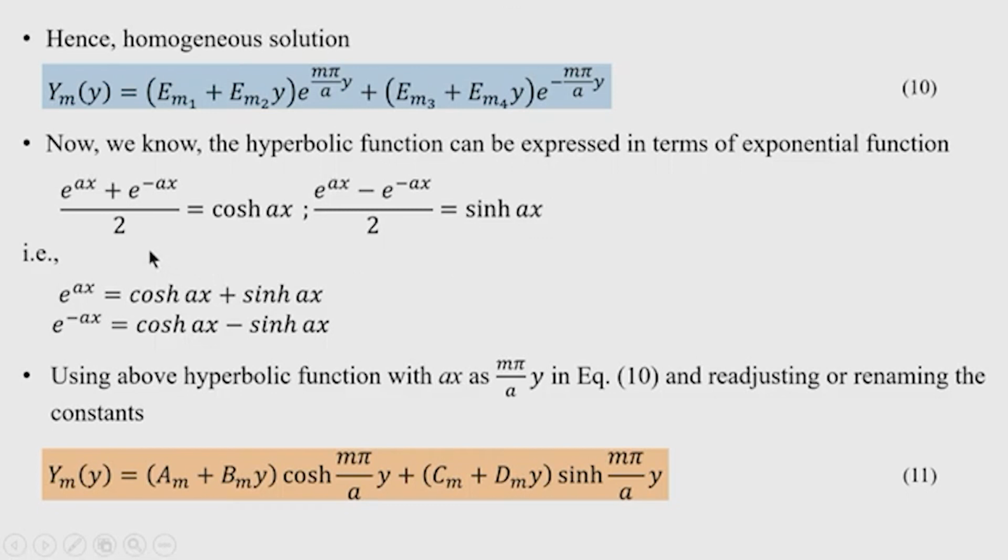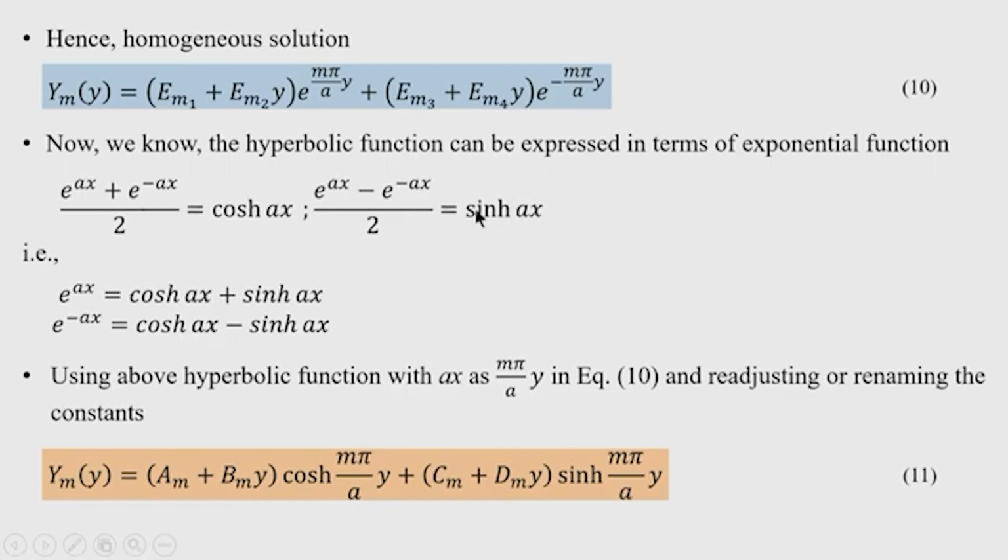So, you can see now, if I add these two, I can get e to the power a x. Adding these two, e to the power a x plus e to the power minus a x equals 2 cos hyperbolic a x, and e to the power a x minus e to the power minus a x equals 2 sin hyperbolic a x.